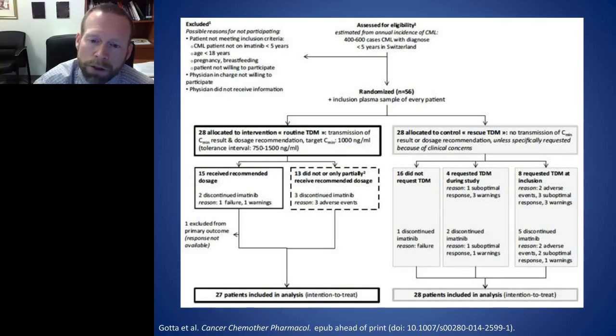If you were close to the therapeutic target, you might increase the dose by 25%. If you were further below, you would increase the dose by 50%. And if you were in the lowest tier, they might suggest that you double the dose of imatinib that the patient would receive. In each case, whether rescue TDM or routine TDM, they would give the physicians not only the result, but a dosage recommendation.